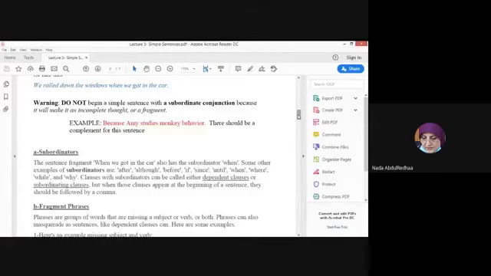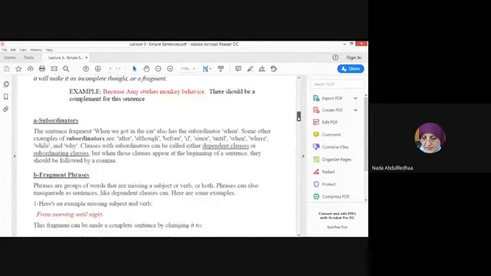Because it will make a simple sentence an incomplete thought or a fragment. For example, Amy studies monkey behavior, but if we put because in front of it, it becomes a fragment and not a sentence.